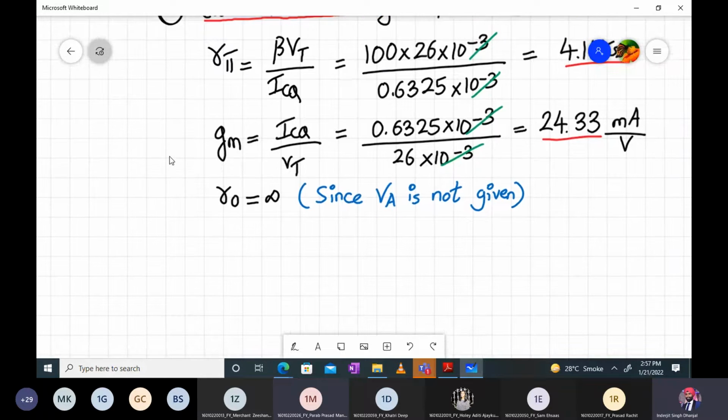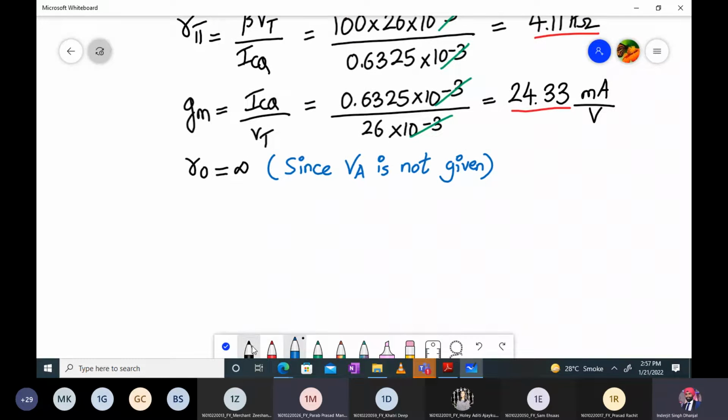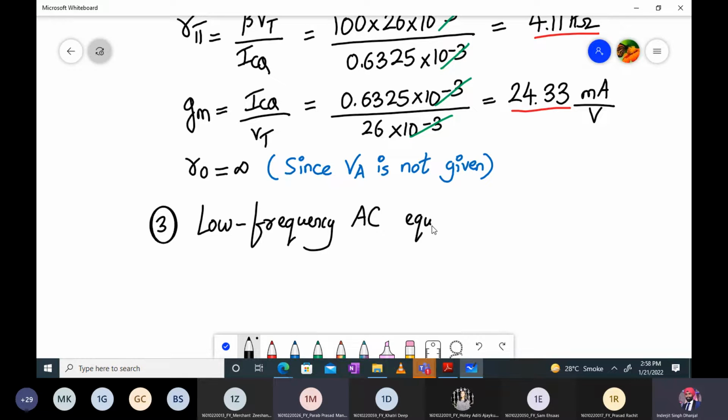So next we draw low frequency AC equivalent circuit. Or low frequency small signal equivalent circuit, one and the same. So we have to draw this now.